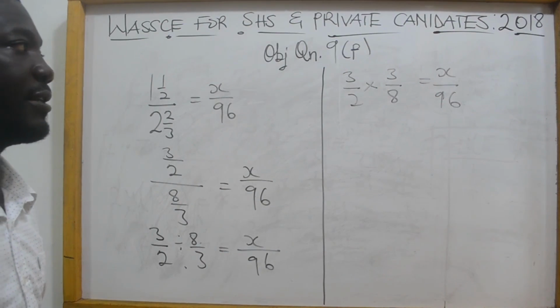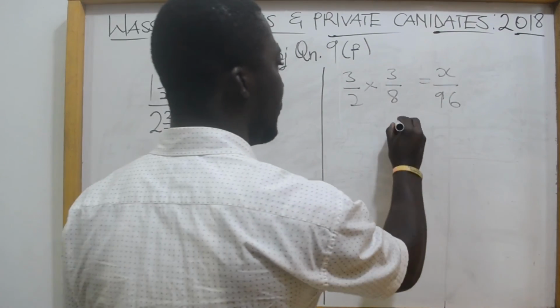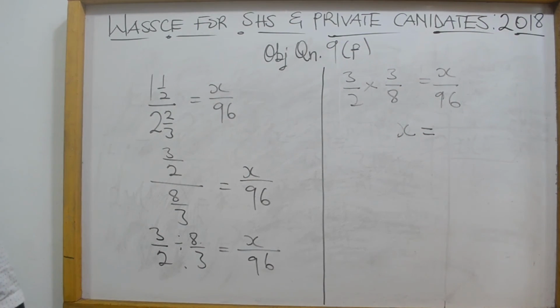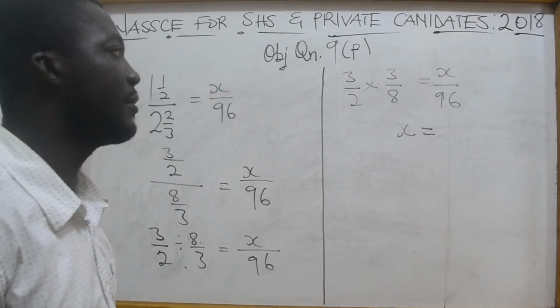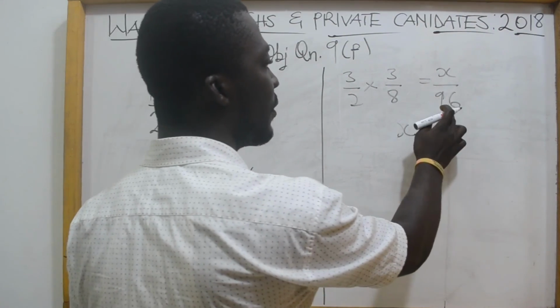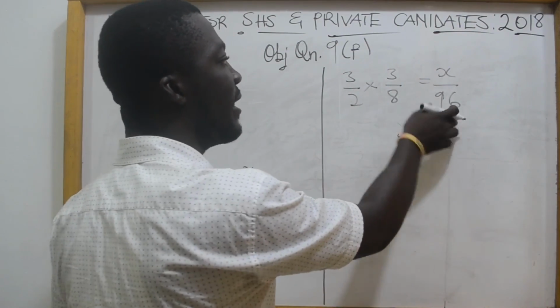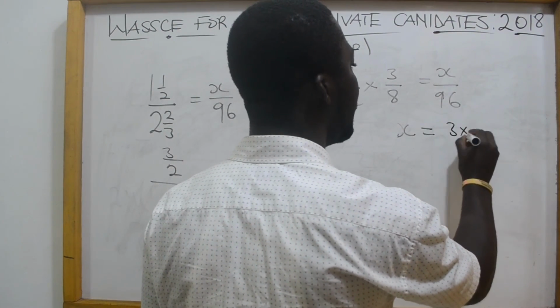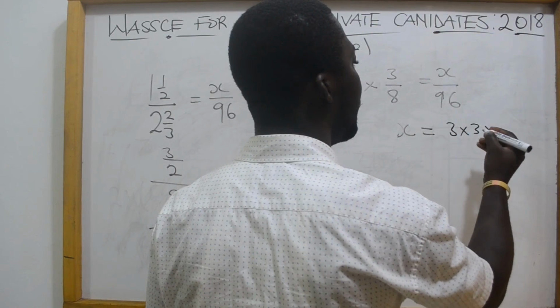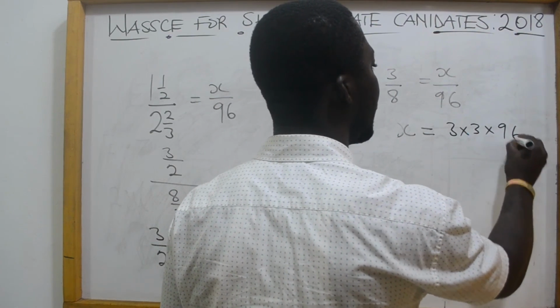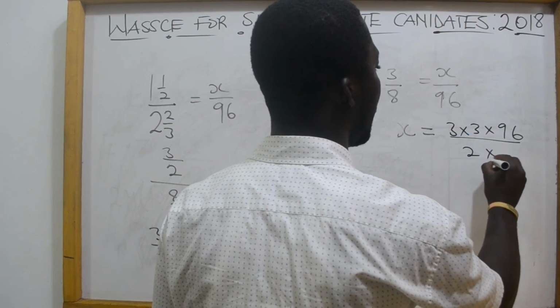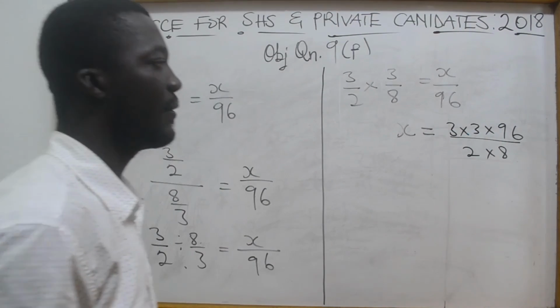If we want to make x the subject, we just maintain x at one side of the equal sign and use cross multiplication to send the 96 to the other side. So we are going to get 3 times 3 times 96 divided by 2 times 8.